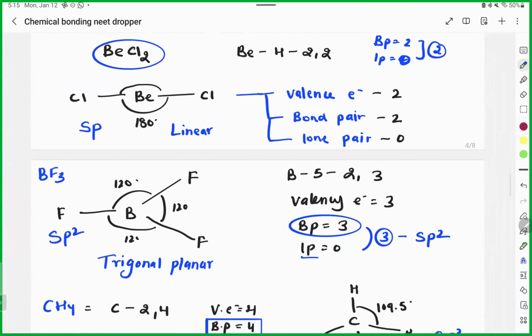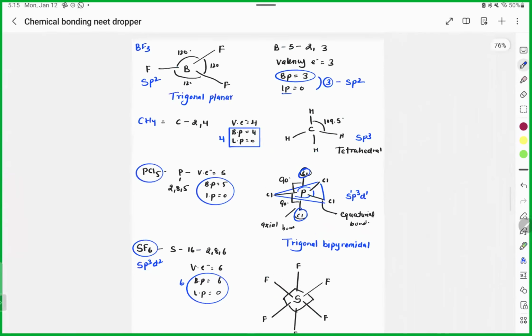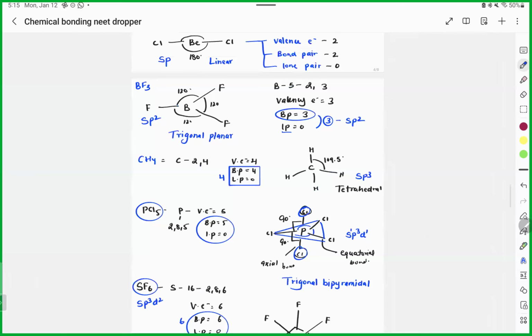What we are going to do next is the most important part of this chapter. 50% of questions will come from the remaining portion: how we check bond pair, lone pair, hybridization, shape, angle, every single thing will be there. And trust me, when I say 50, it is very less. Sometimes it could be 90% of the chapter.